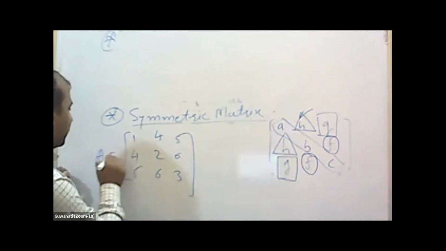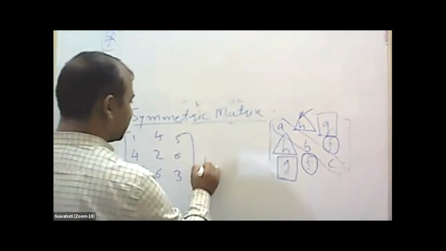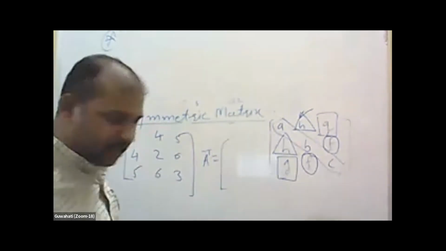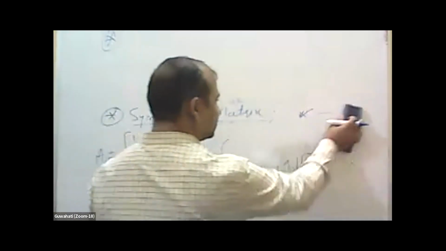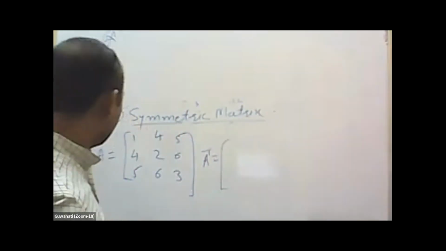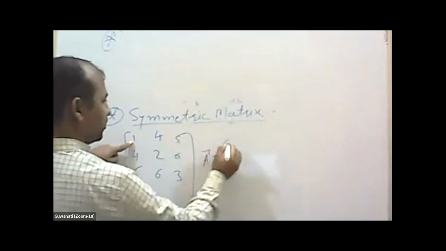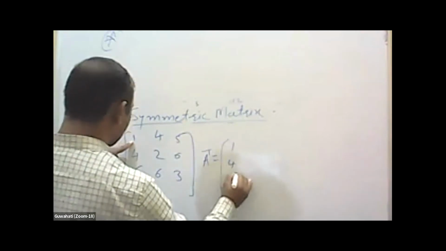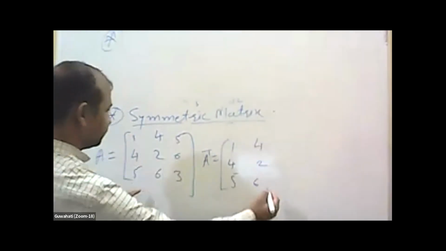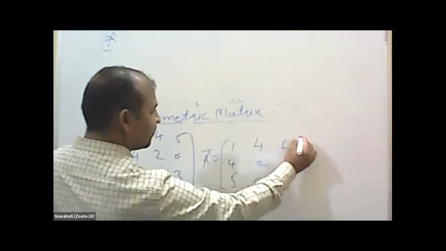Now this is your matrix E. If I take its transpose, as per our definition of the transpose, the first row we write in the first column. So it is 1, 4, 5; 4, 2, 6; 5, 6, 3.